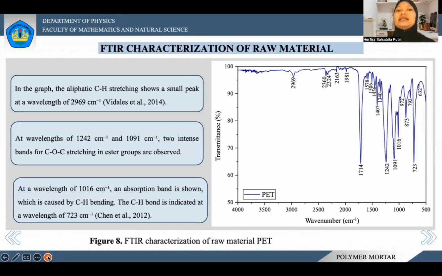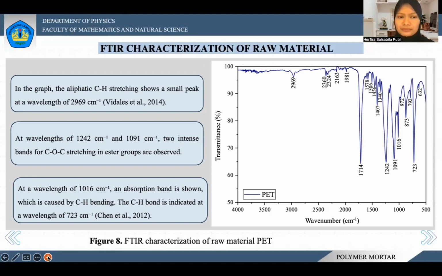And then this is for PET. In PET, in the graph, the aliphatic C-H stretching shows a small peak at 2,969.